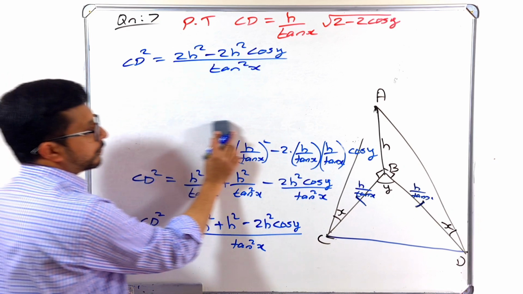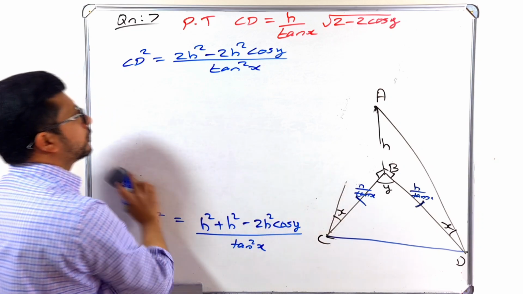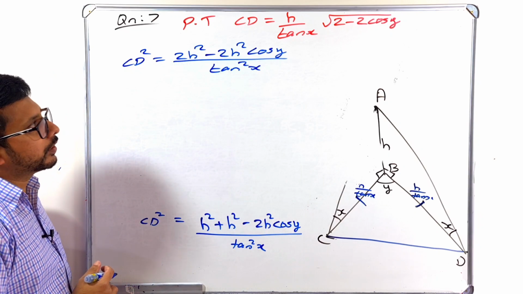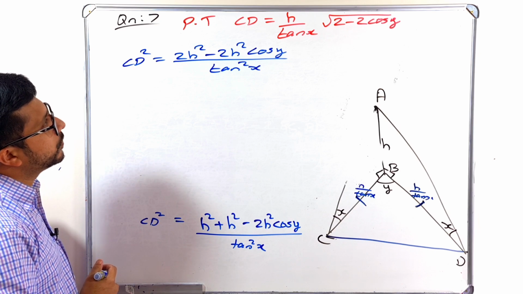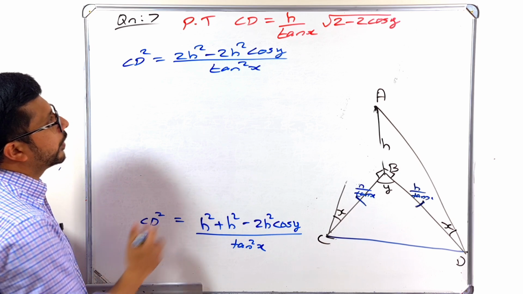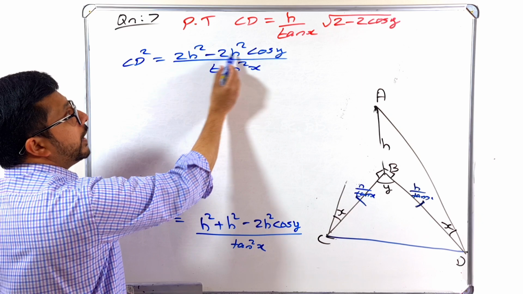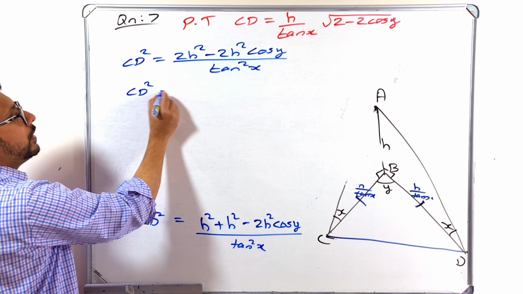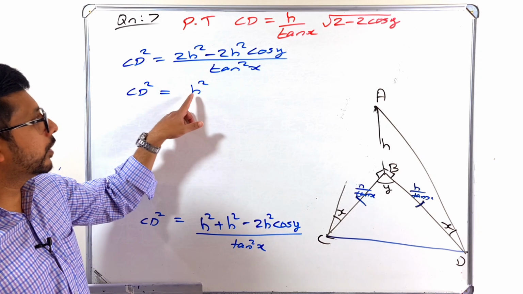So now here you can see that 2h squared is a common factor. We don't want to take 2h squared, we can take h squared as a common factor. So CD square is equal to, I'm going to take h squared as common factor. Why did I take only h squared?